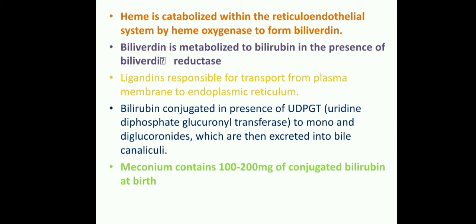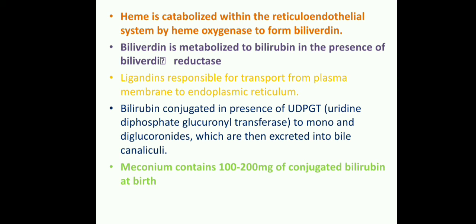From where is it excreted? Through the meconium and then through the urine. The meconium contains 100 to 200 milligrams of conjugated bilirubin at birth. This is about bilirubin physiology.